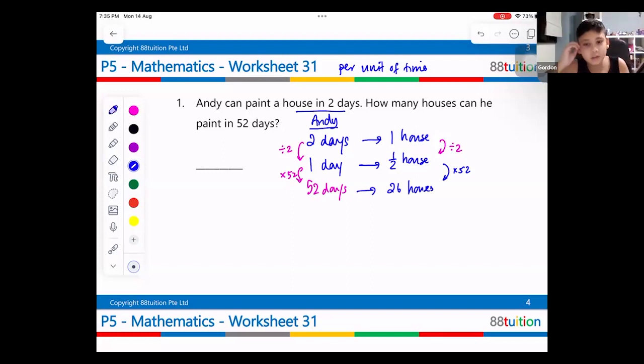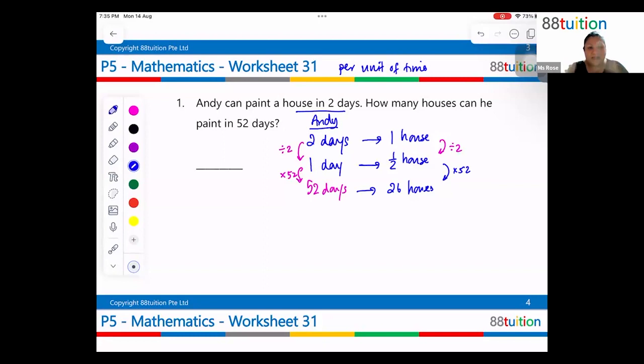Actually, both methods work. You can do 52 divided by 2, the one-step method, and you still get 26. Or you can work backwards to double check: half times 52 is 26. But the one-step method is not foolproof for every question. In the event that you make a mistake, you will not be able to backtrack and check what went wrong.